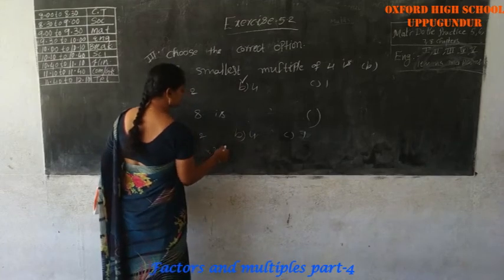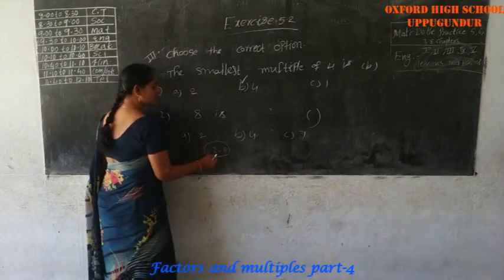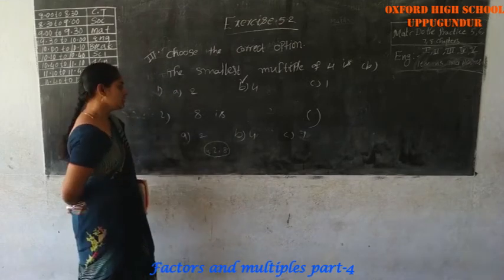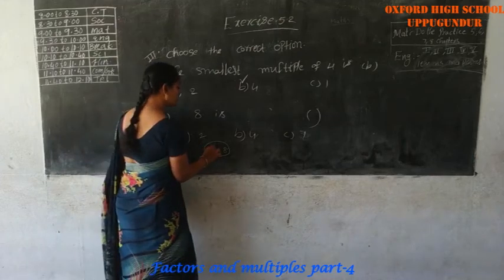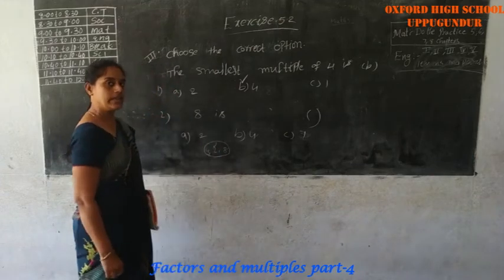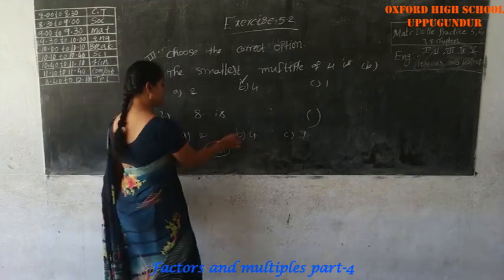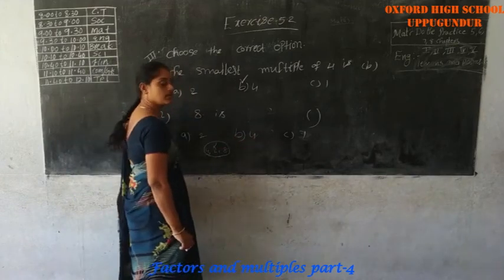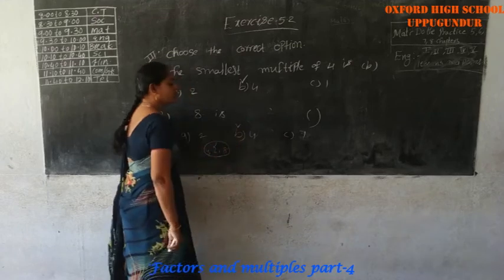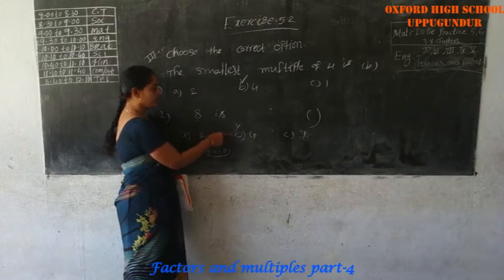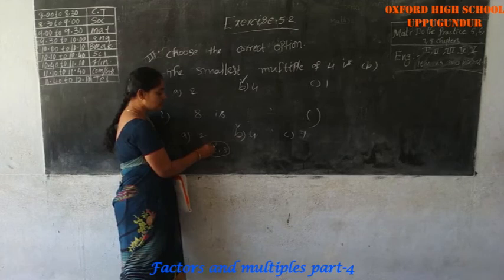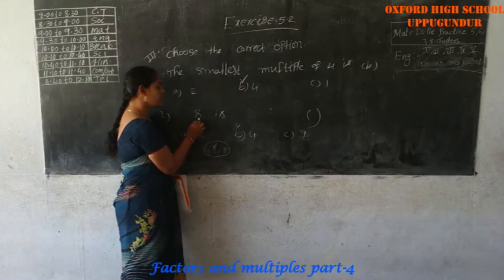Next, 1 eight is 8. Of these 3 values, which one is the smallest multiple? 2. 2 is the smallest multiple of 8. So, of these 3 values, which one is the correct answer? B. B is the correct answer. See, 2 fours are 8. 4 twos are 8. This one is the smallest multiple. 2 is the smallest multiple of 8.